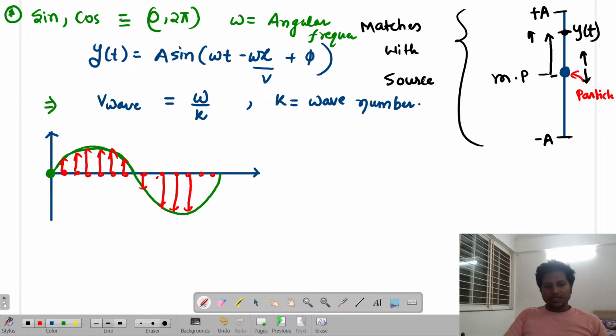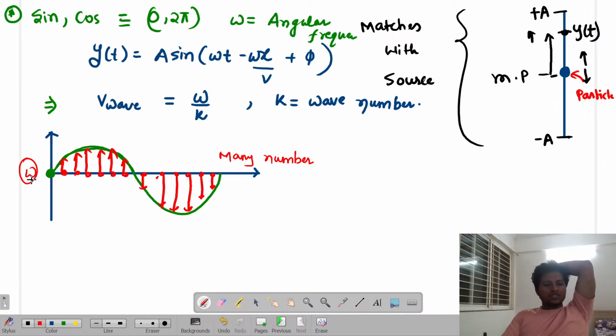When I am generating this wave, there are many particles over here, and many particles are oscillating with just one angular frequency of the source. I am oscillating the source with angular frequency omega, and all these particles are oscillating with respect to this omega.